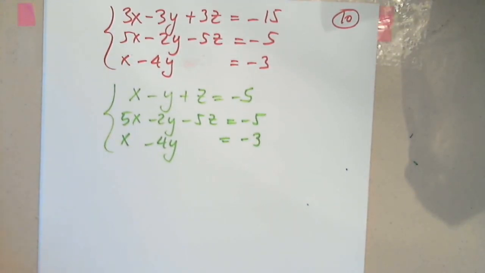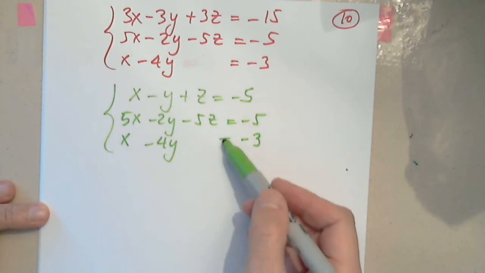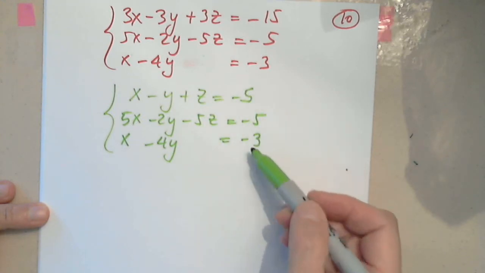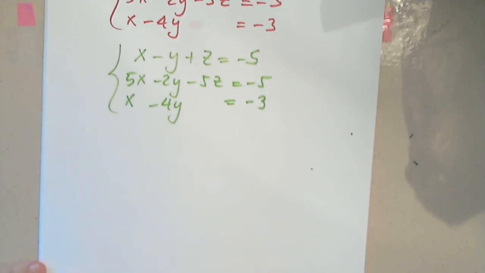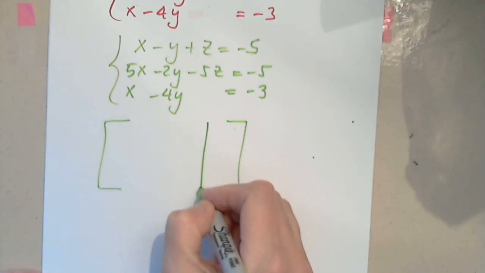Then I realized that the system is exactly how I wanted it to be. X below X, Y below Y, Z below Z, equals symbol, which is the bar in the augmented matrix, and the free terms on the other side. So then I'm ready to write the augmented matrix.